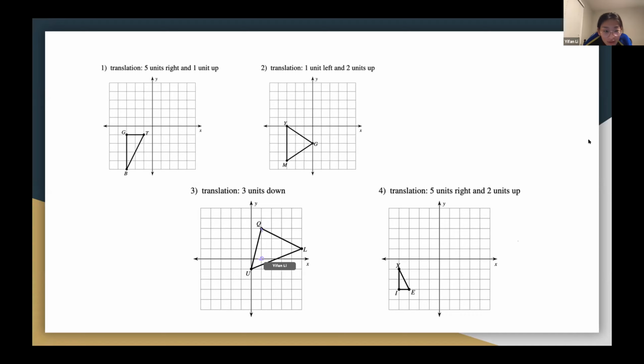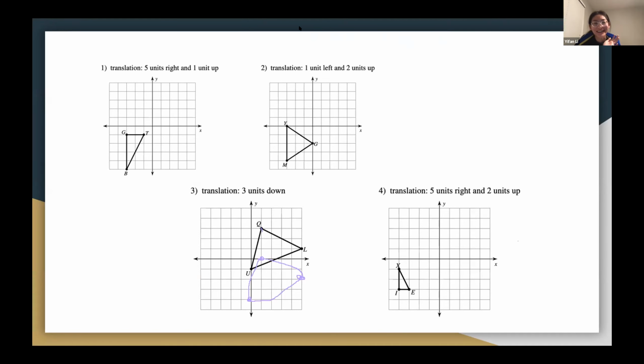And then you count down 3 too. Oh, and L and E. And you just connect them. It's kind of bad, but it's fine.